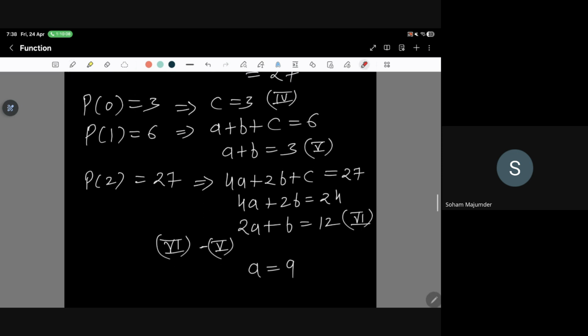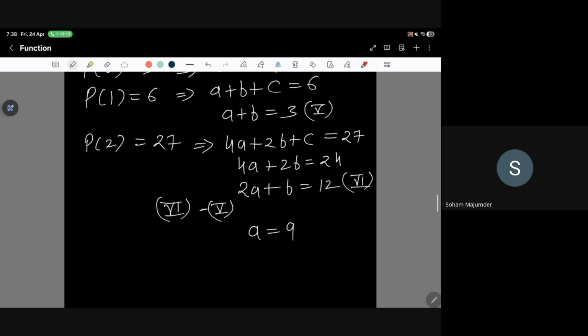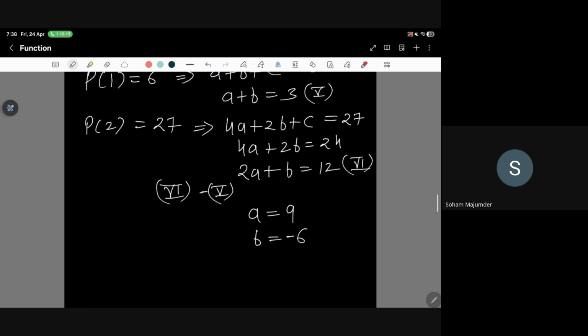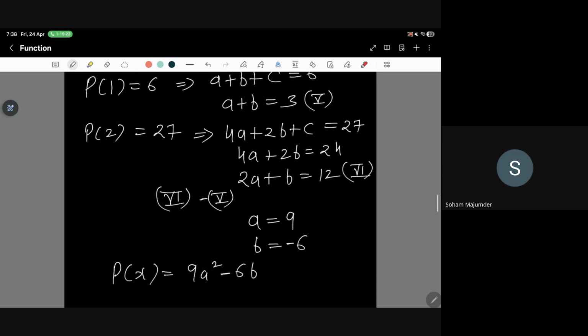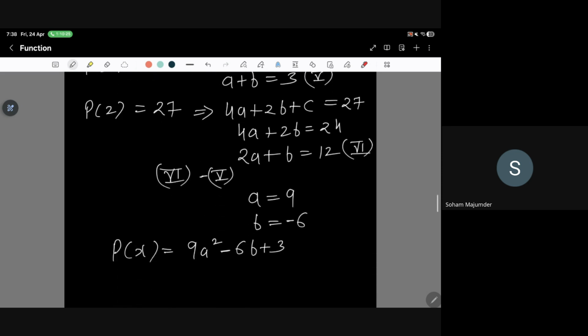So a is 9, and b will be minus 6. So the polynomial will be 9x square minus 6x plus 3. We will take 3 common, so 3(3x square minus 2x plus 1).